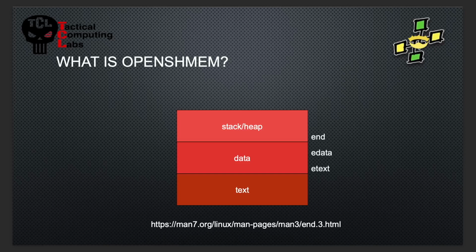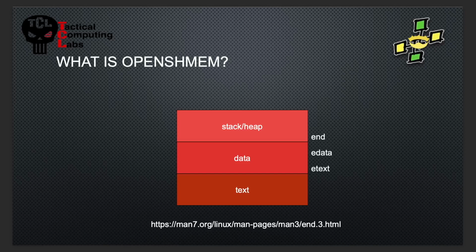And the end pointer represents the end of the data segment and the beginning of the stack and the heap. This means the address range between eText and eData stores variables that you've initialized in your program. This also means that the addresses in memory from eData to end represent the range of values for variables that have not been initialized by your program.